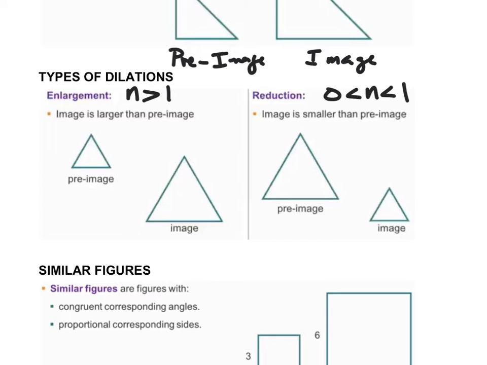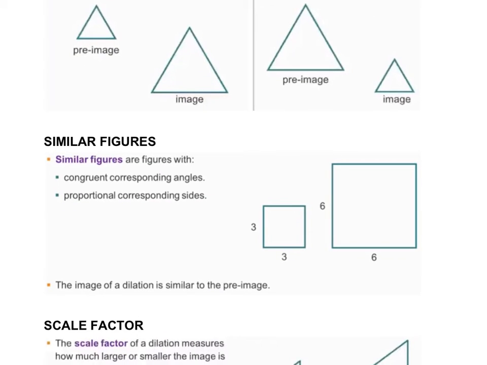Okay, so similar figures are figures with congruent corresponding angles and proportional corresponding sides, okay? So here we have two squares, okay? And what I can say is that this side here corresponds with this side here.